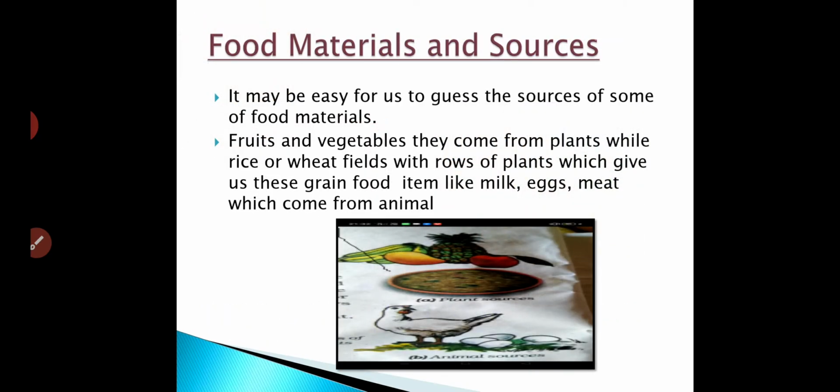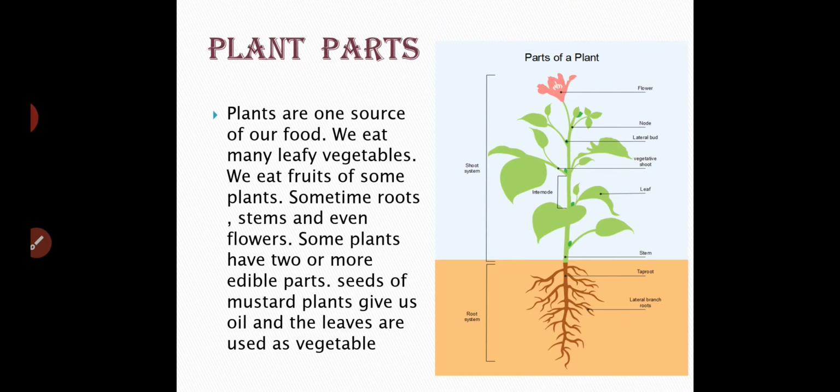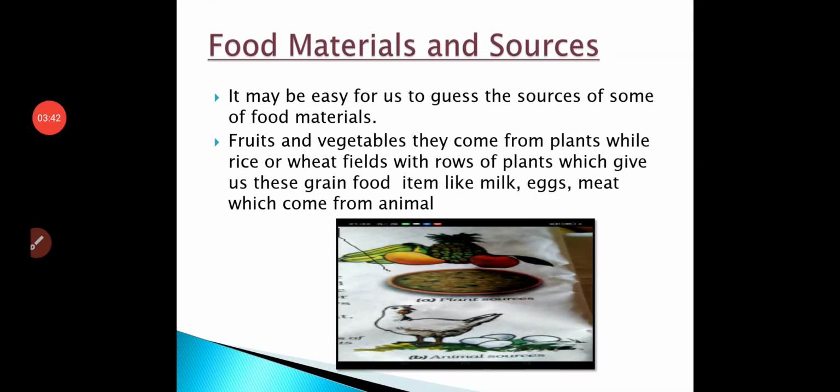Now next, if we need those materials, then where do those materials come from? The food materials and sources. So these food materials and sources, where do they come from? It may be easy for us to guess the source of some food materials.